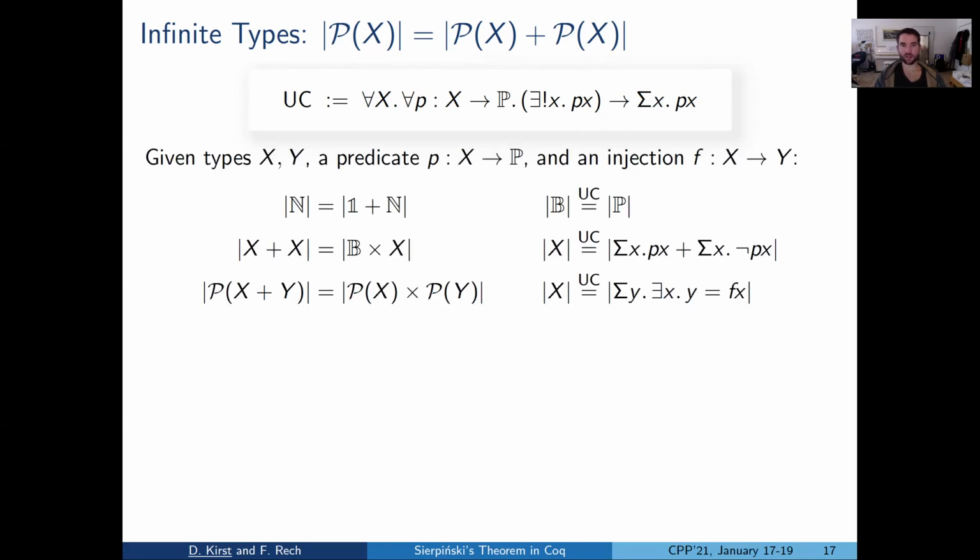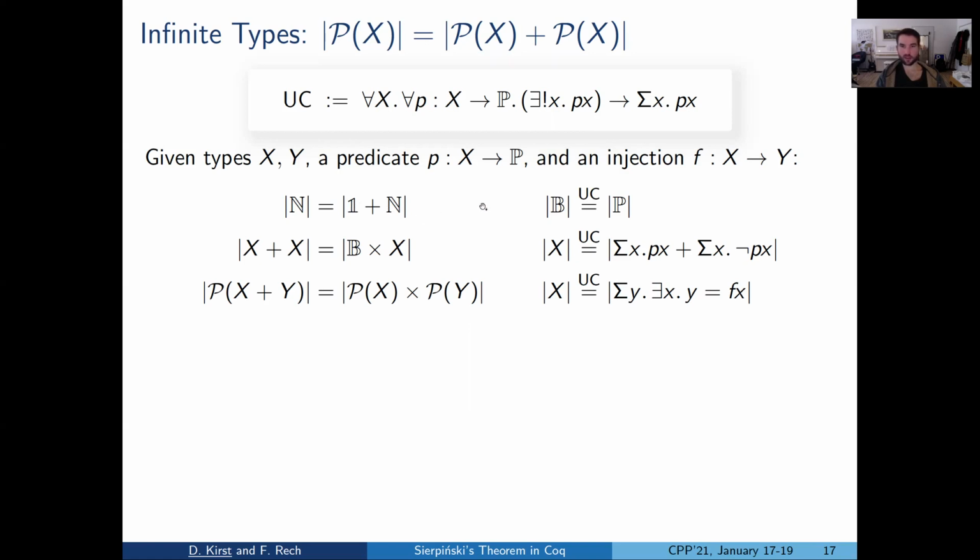And now in this setting, we can see that we can define a lot of invertible functions in type theory. And you don't have to look at them in detail, I just want to make the point. Many invertible functions are definable without appealing to unique choice. For instance, that the natural numbers are in bijection to the sum of unit and the natural numbers.